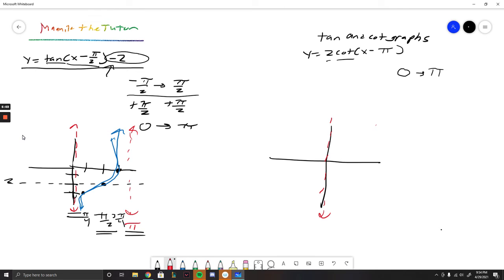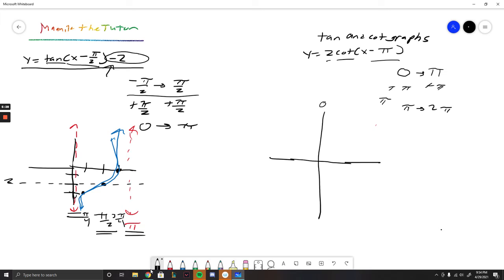Oh, wait, hold on. I'm sorry. My bad. I honestly forgot that we were shifting for a second. Let's go back there. So normally our asymptotes are on 0 and pi right here. However, we're being shifted right by pi, so we're going to add pi. So we're going to go from pi to 2 pi.